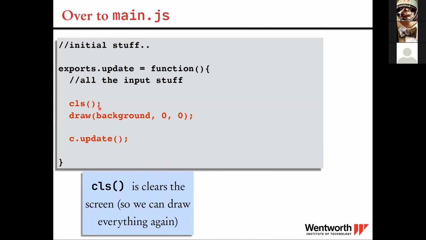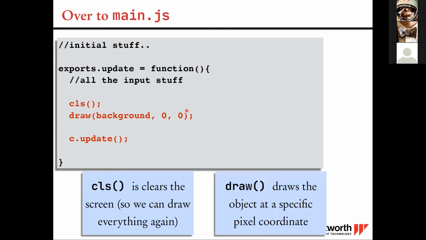It is quite nice. Then we're going to draw the background at pixel 0, 0. In other words, starting in the upper corner, draw the entire background. It draws a specific object at a specific pixel coordinate. We're going to use the same style of draw function for sprites and stuff as well. That's why we need to know pixel positions for stuff.